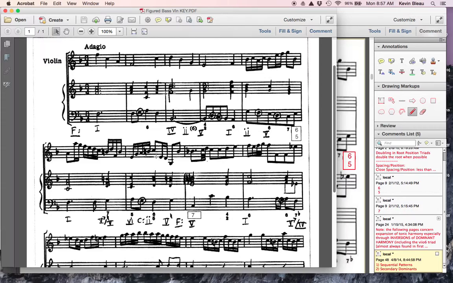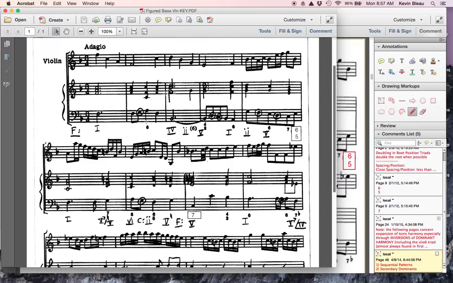So that's how it might be realized and actually played on the keyboard.